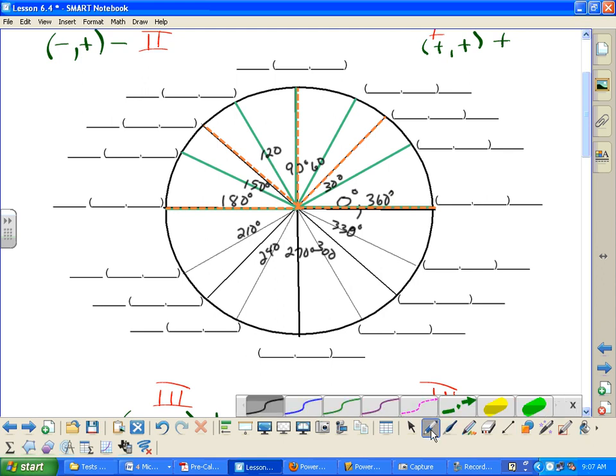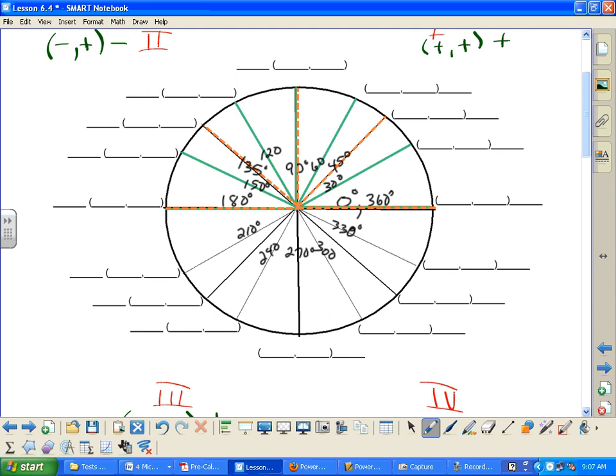So each of those halfway points is going to be 45 degrees. So we have 45. And then add 45 to that, we get 90. 90 plus 45 is 135. 135 plus 45 is 180. Plus 45 is 225. Plus 45 is 270. Plus 45 is 315.